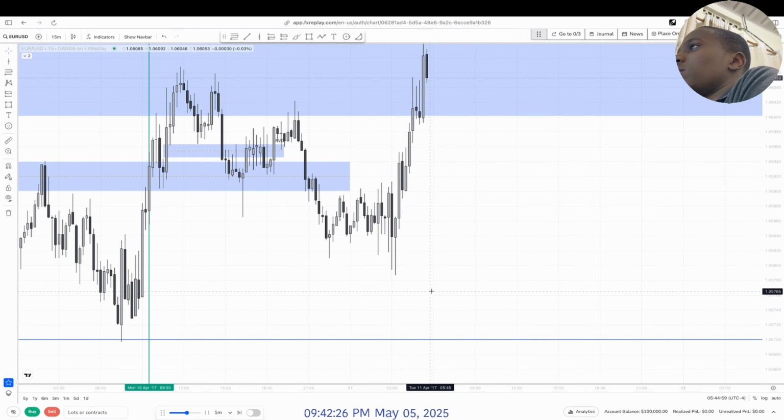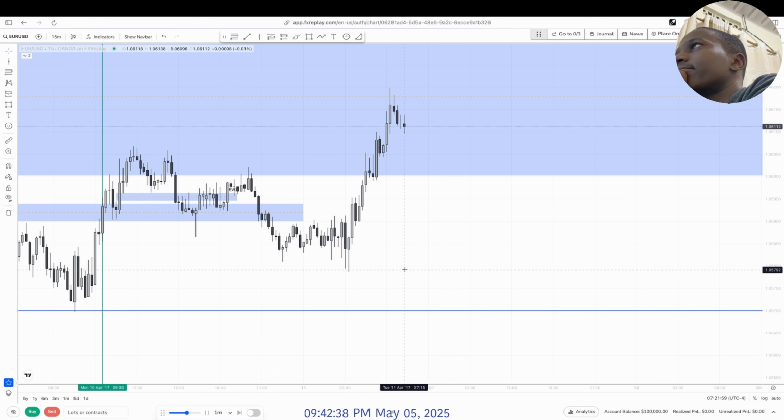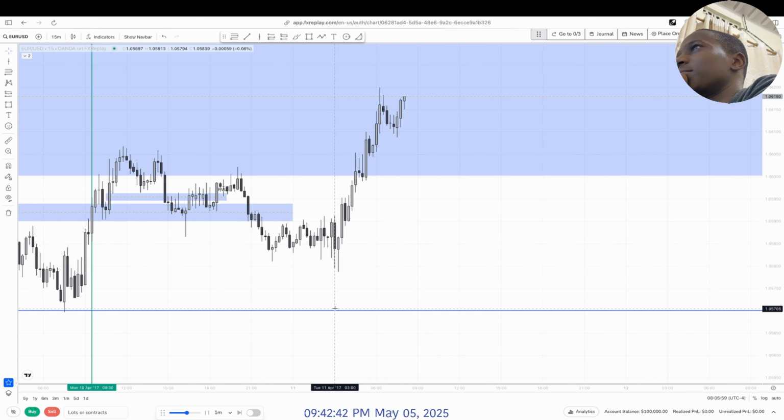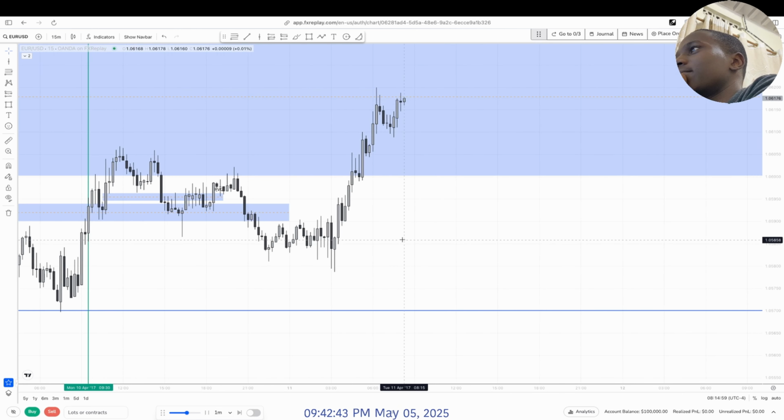So you can see it pushed back higher. And this is currently London session. Let's see what will happen by the start of New York.